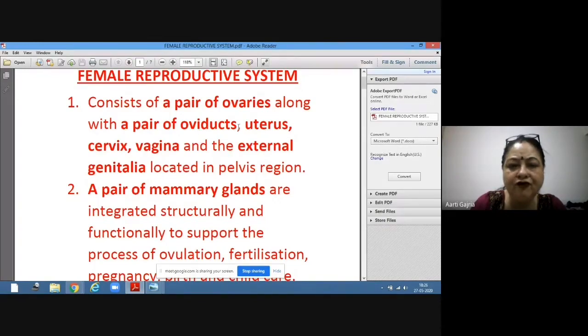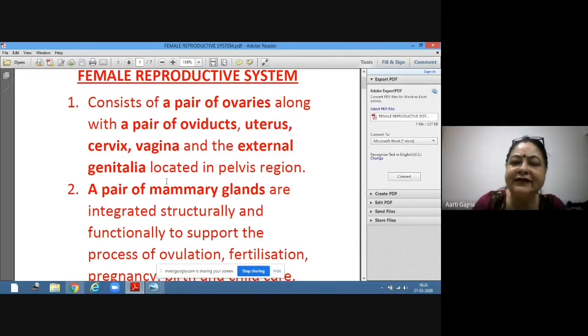So the ovaries are the primary sex organs. And then the pair of oviducts, uterus, cervix, and vagina, these are the ducts.